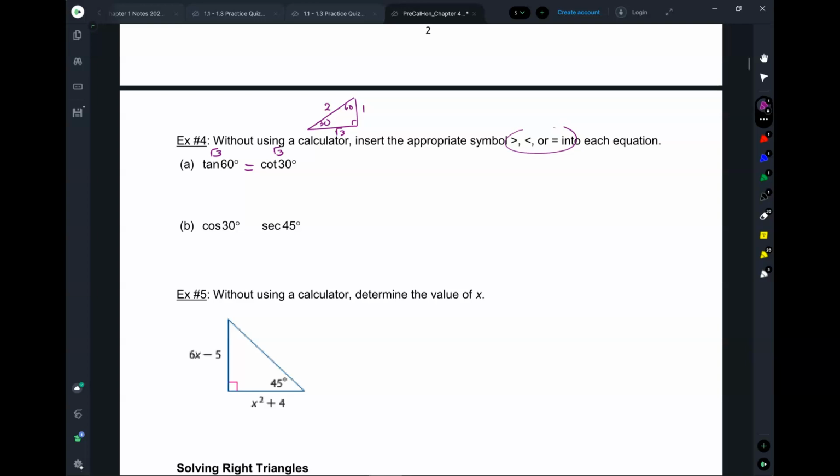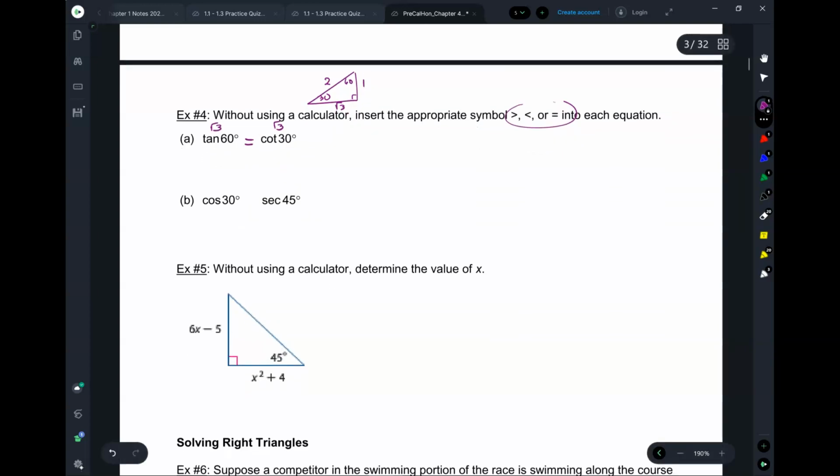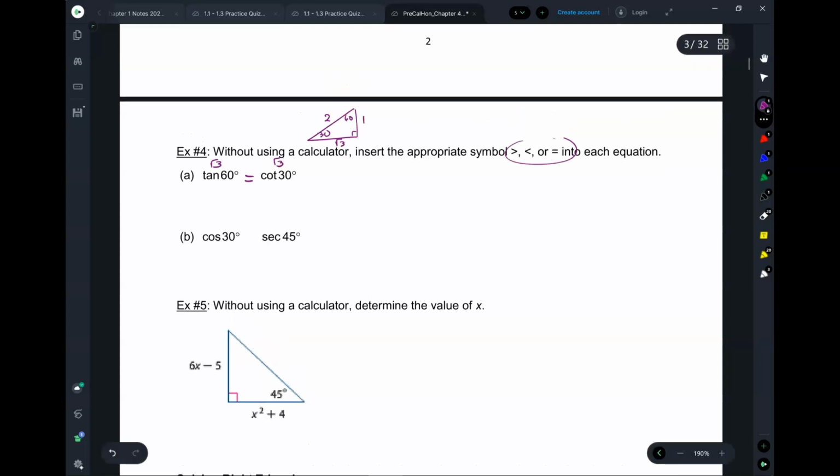Okay, so what's cosine of 30? Root 3 over 2, right? Cosine of 30 is adjacent over hypotenuse, root 3 over 2. What about secant of 45? Root 2.